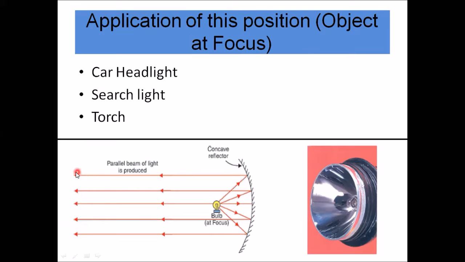That's why we can see more light because of torches, headlights and searchlights. This diagram shows everything. The rays of light which were going in other directions, after reflection become parallel and unidirectional. All the light is going in the same direction.